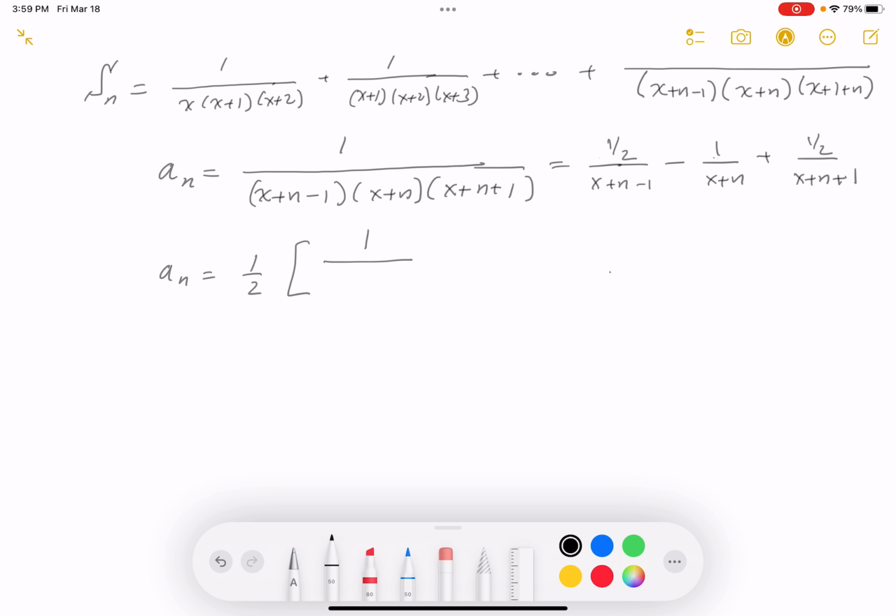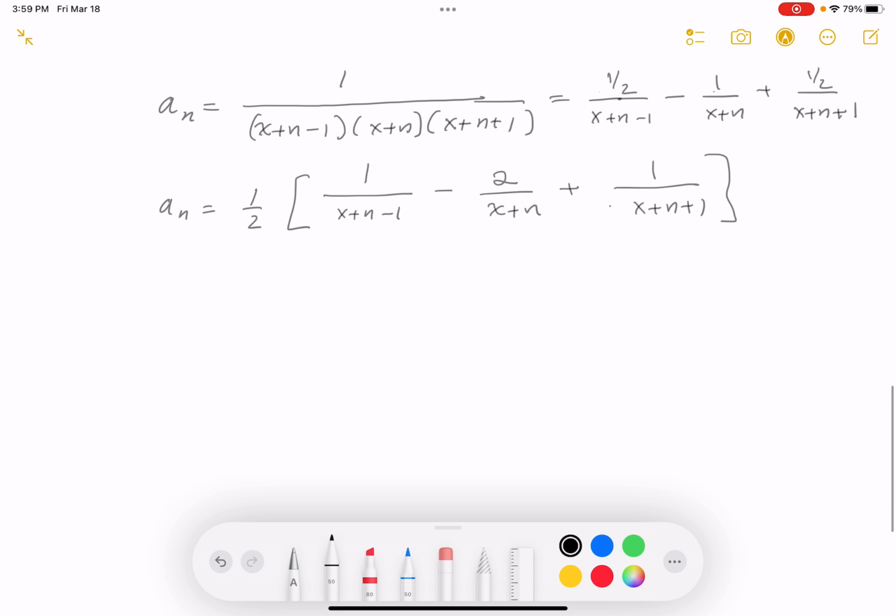That will be 1 over x plus N minus 1, minus 2 over x plus N, plus 1 over x plus N plus 1.